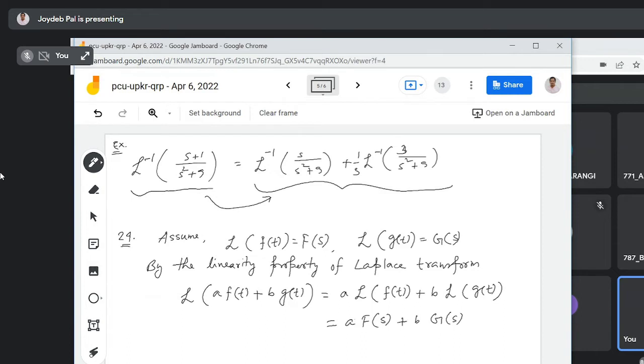Yes, sir. तो यहां से वही सेम लाइन, can write L inverse of a into F(s) plus b into G(s), which is equal to a into f(t) plus b into g(t). From the above line just I am writing. Can I write it? Yes, sir.